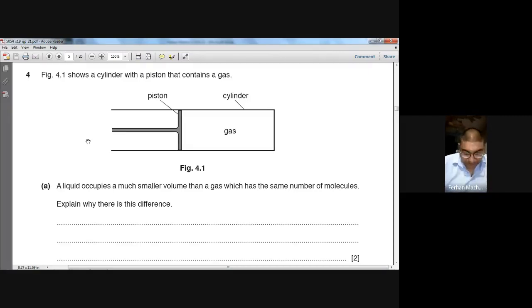The reason is the liquid has stronger intermolecular forces between its molecules as compared to the intermolecular forces of the gas. Another reason is that the intermolecular spacing between the molecules of a liquid is smaller as compared to the intermolecular spacing between the molecules of gas. So that's why the liquid will occupy less volume.